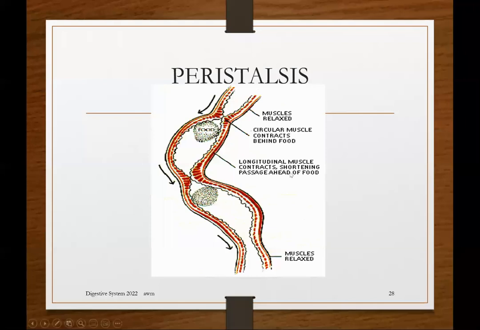In this diagram, you can see the bolus coming from on top here. When the bolus, or the food content, or the luminal content passes to a certain area, it's going to cause a distension of the wall. And that distension of the wall is what is going to trigger the reflex that is called peristalsis, because peristalsis is a reflex.